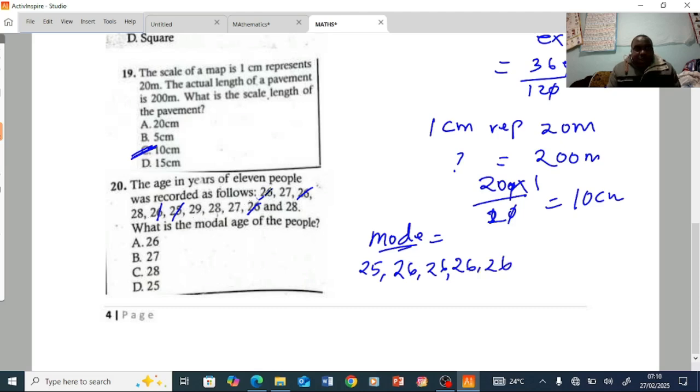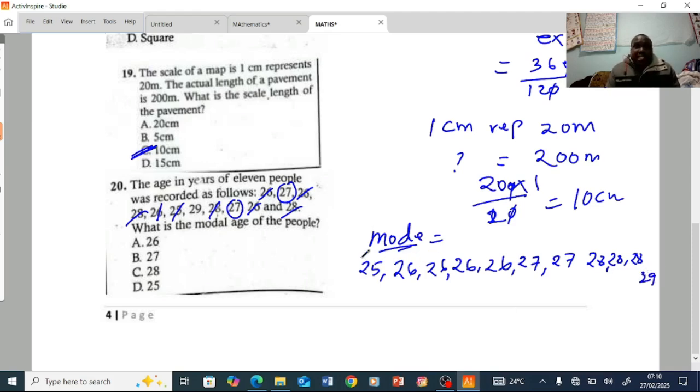Now we go to 27, 27, 27. Next we go to 28, then another 28, and another 28. And then finally 29.